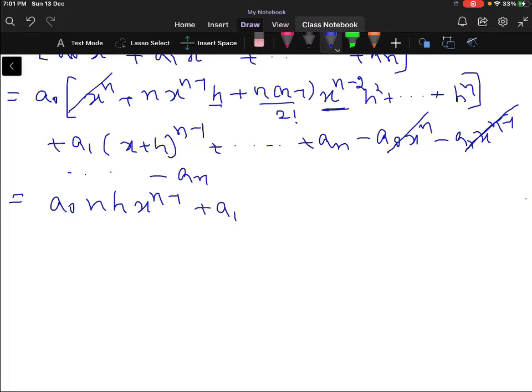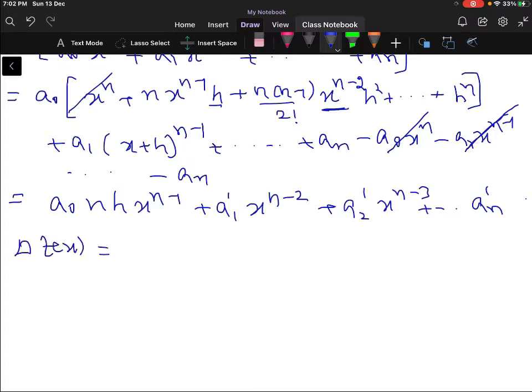So rest of the term is, let us take a1 dash into x power n minus 2 plus a2 dash into x to the power of n minus 3 and so on, some constant an dash. So that is delta of f of x is equal to a0 into n h x power n minus 1 plus and so on plus an dash.